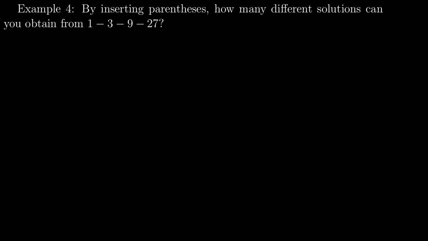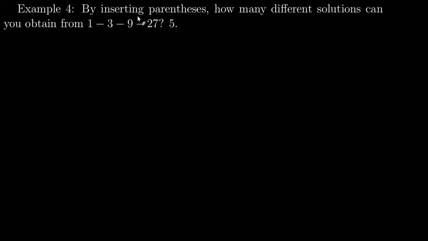Example 4. By inserting parentheses, how many different solutions can you obtain from 1 minus 3 minus 9 minus 27? Pause the video. Feel free to solve this. Answer is 5. Same thing as last problem, really. We just need to insert parentheses.